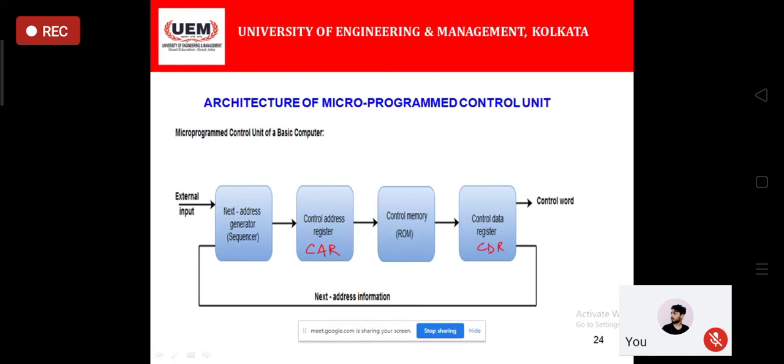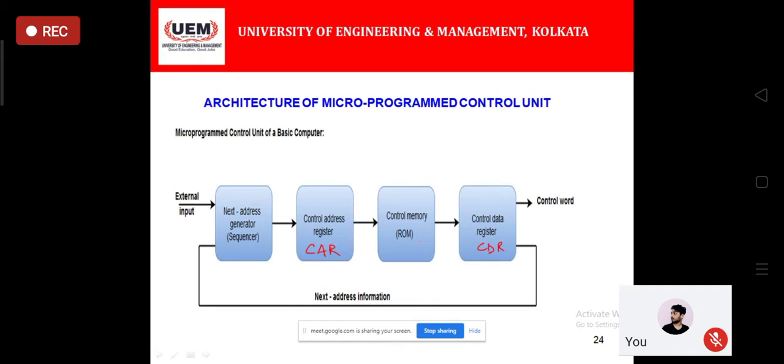So you can see the steps are already there. Now it is a generalized structure and the control memory is assumed to be a ROM. That I have explained in the previous slide itself. This is the control memory, you can see in between, and that is the CDR and CAR.